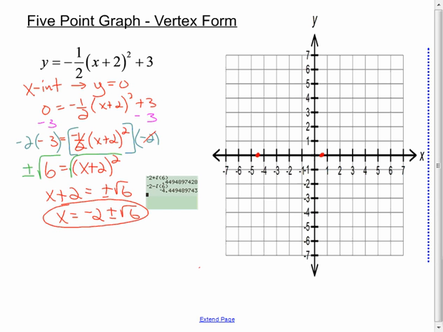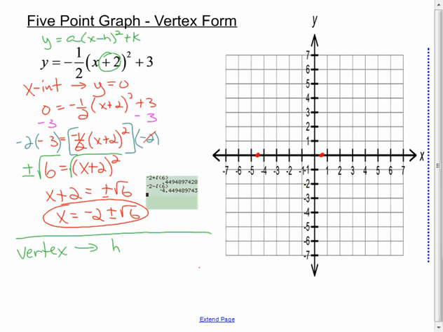Okay, so from here, we're going to go with the vertex, which is really super easy to see given that it's in vertex form. Again, vertex form is y equals a times the quantity x minus h squared plus k. And then we've seen enough of this that for the h value, we reverse the sign that we see.